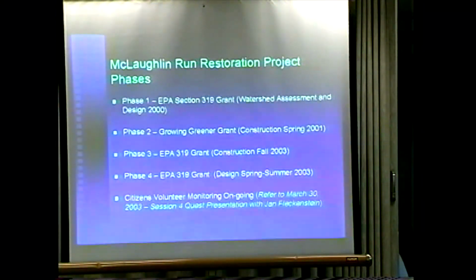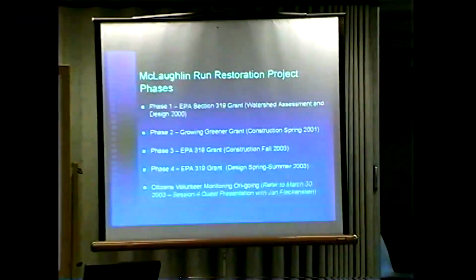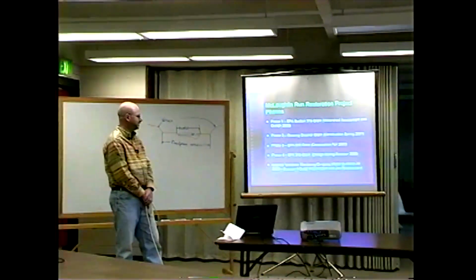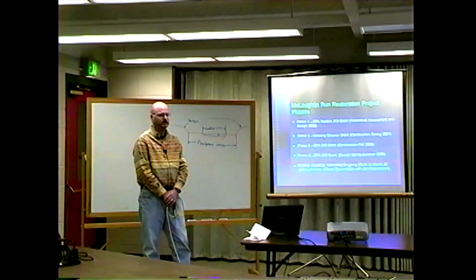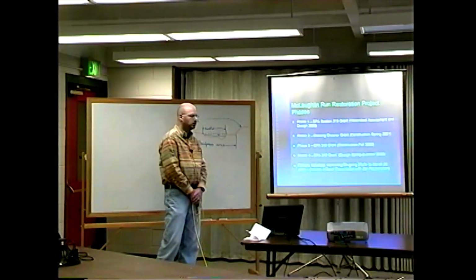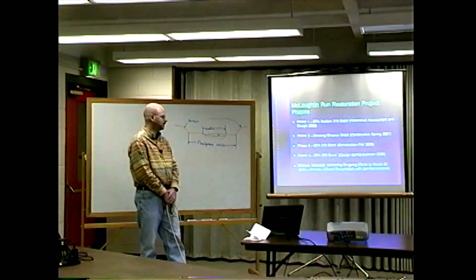And then we have Phase 4, which is the design of an area that is pretty much up on the Bethel Park, Upper St. Clair border. And other things that are ongoing is the Citizens Volunteer Monitoring Program that Jan Fleckenstein has been running, and her session will be the next session to be discussed next weekend.